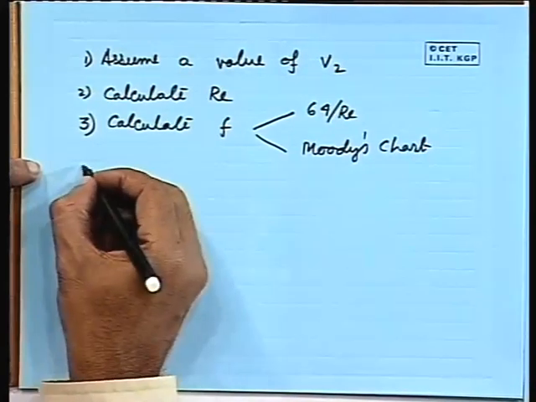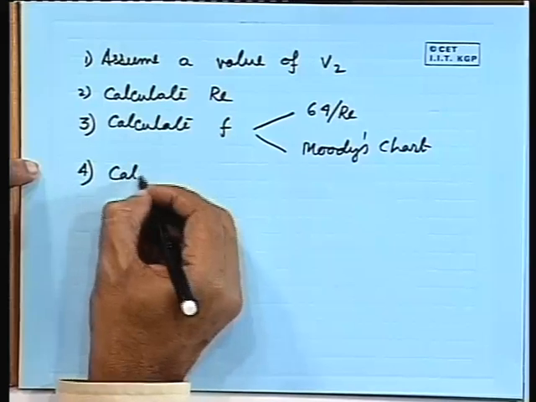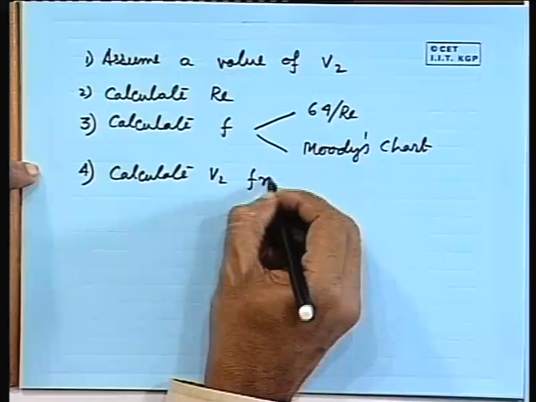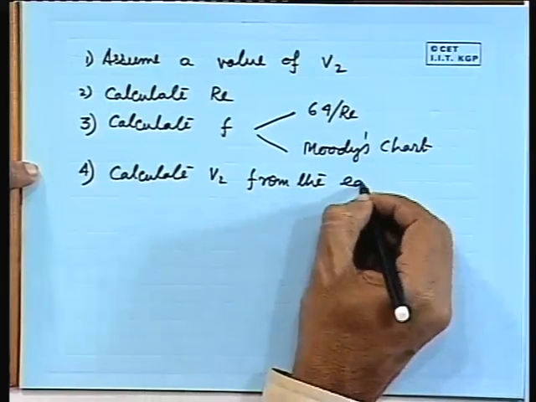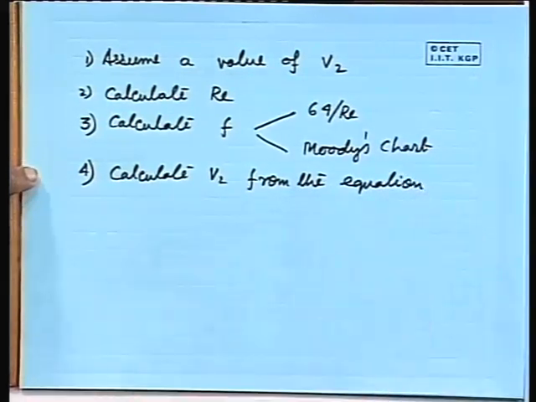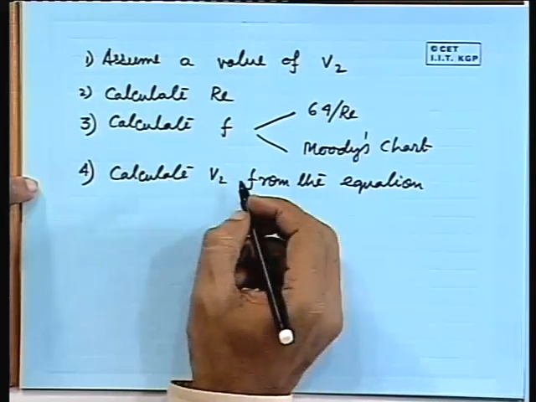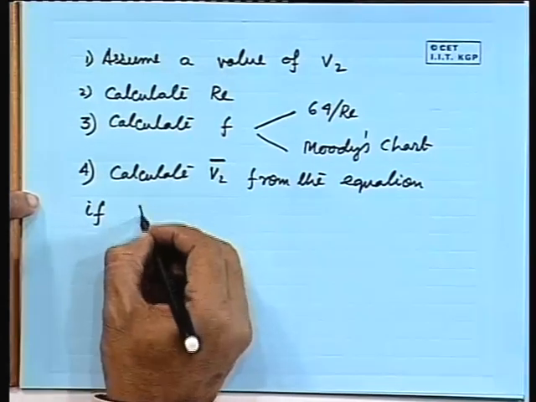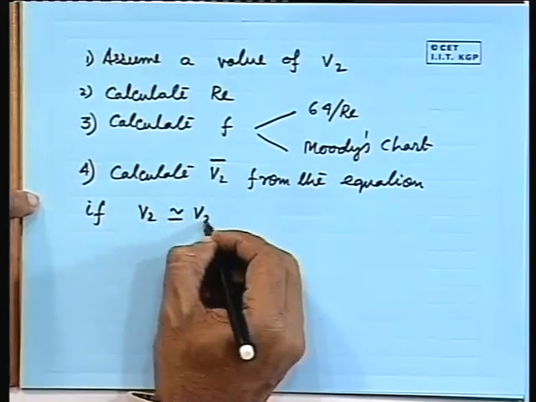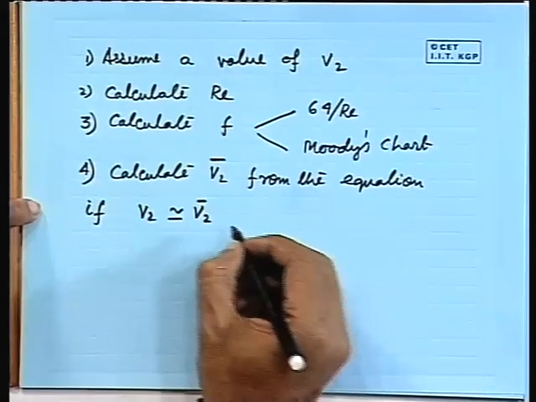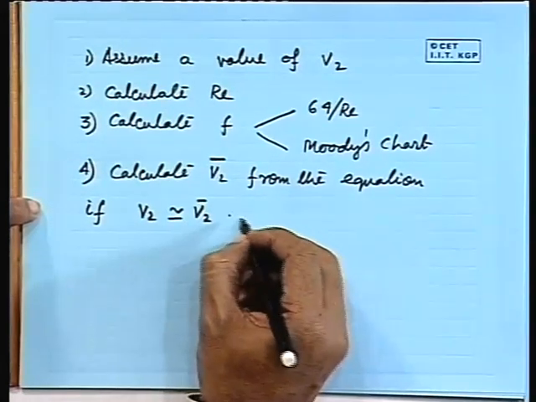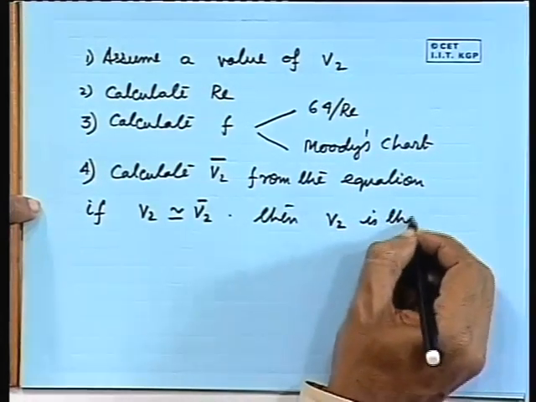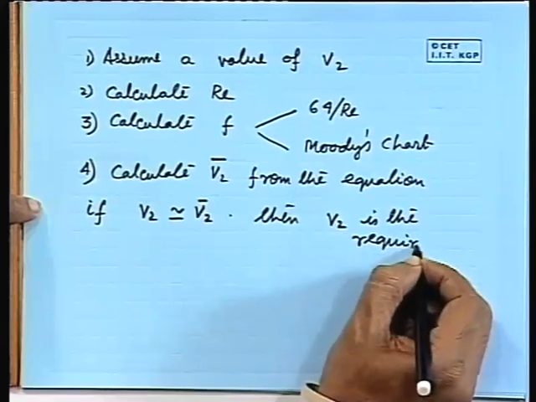Okay. Then calculate V2 from the equation, or let us call it V2 bar from the equation. If V2 is approximately equal to V2 bar, then V2 is the required velocity.